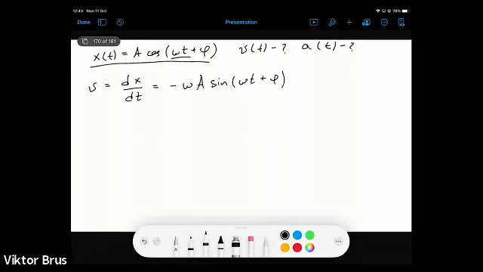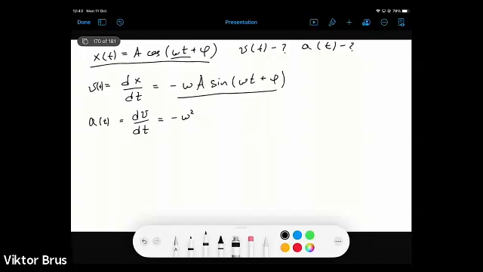So that will be for velocity. And in order to get the expression for acceleration as a function of time, we take the second derivative, so it will be dv over dt. So we take the derivative from this equation. That will be minus omega squared, because we have already one omega here, and then we will get one more.